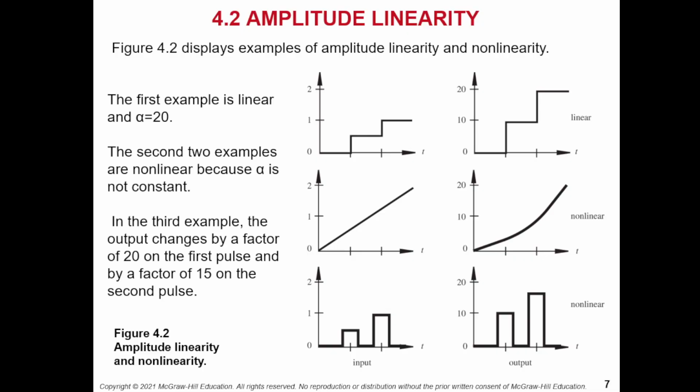Okay, how about this? The input is 0.5, output is 10. Same. So the alpha for this time period is 20, right? How about the next time period? Is it a linear system?